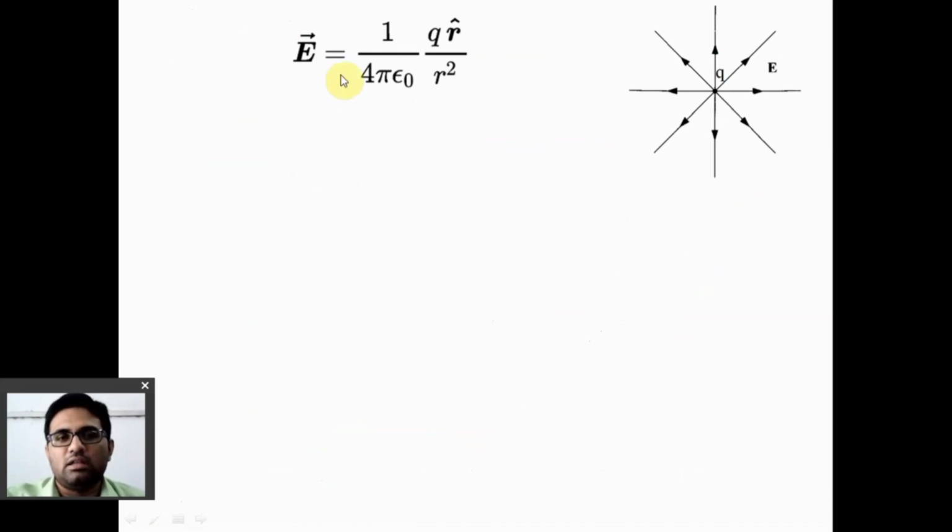However, here the electric field has spherical symmetry, meaning the charge is at the center and the field is radially outward. So the electric field depends on r only, and is independent of theta and phi. The direction is along r cap.